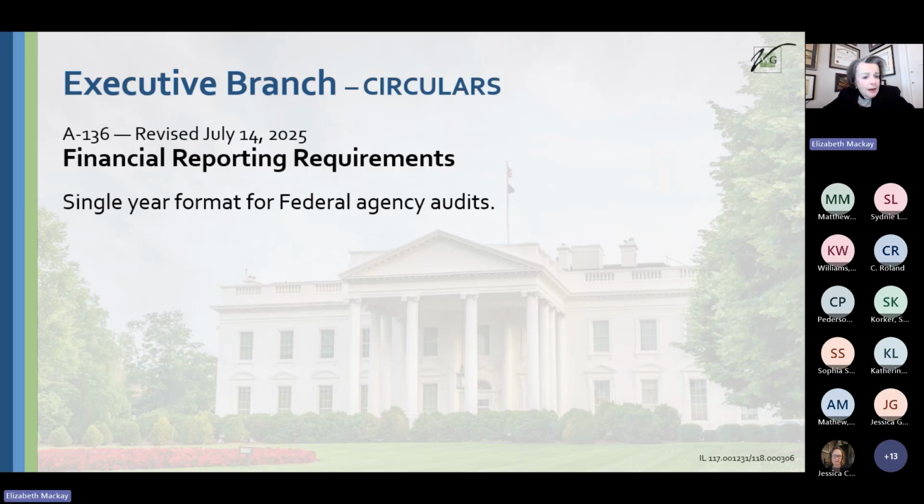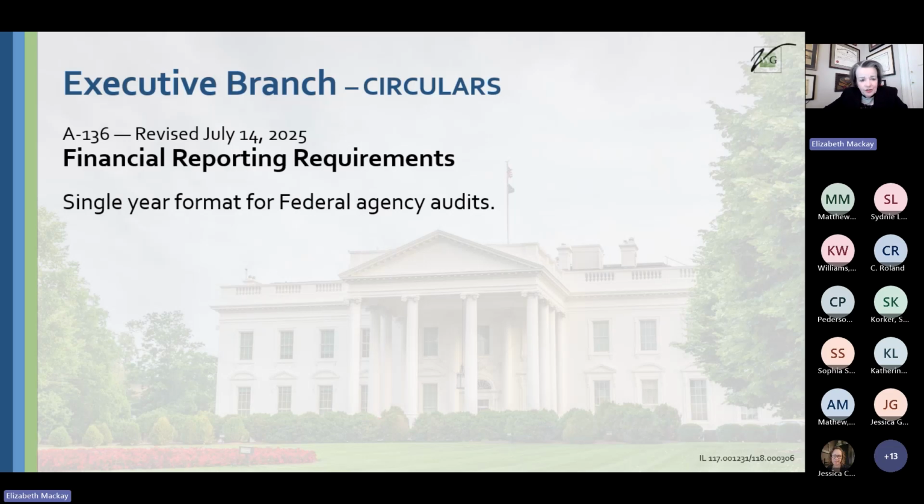And in addition to memos, of course, there are circulars. And this particular circular, A-136, deals with financial reporting requirements. And this has been in existence for quite some time, but it was revised on July 14th last year. And this provides a single year format for federal agency audits.